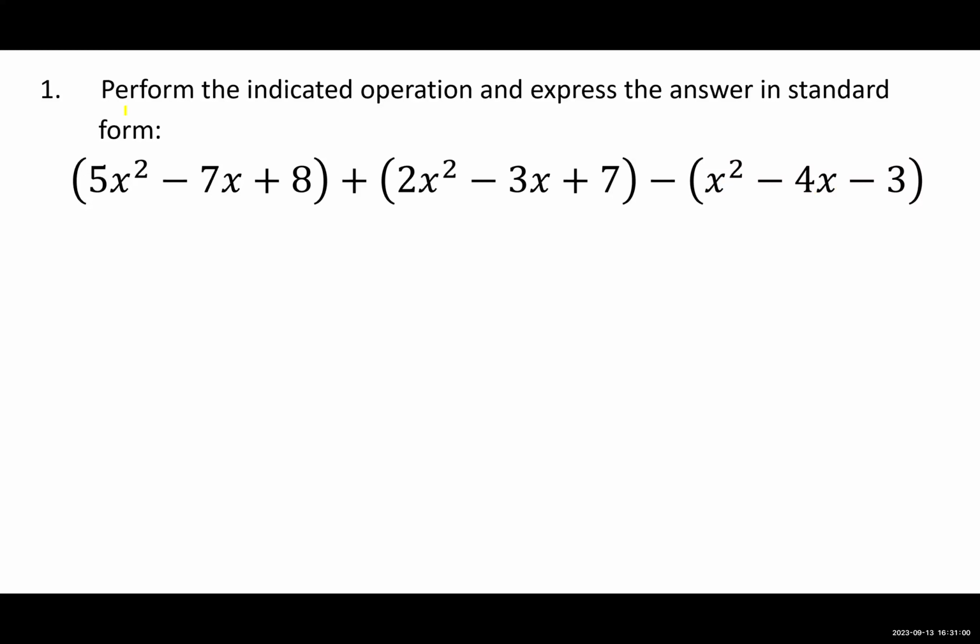So what we want to do is express our answer in standard form. What standard form means is that we have only one x squared term, only one x term, and only one number term.